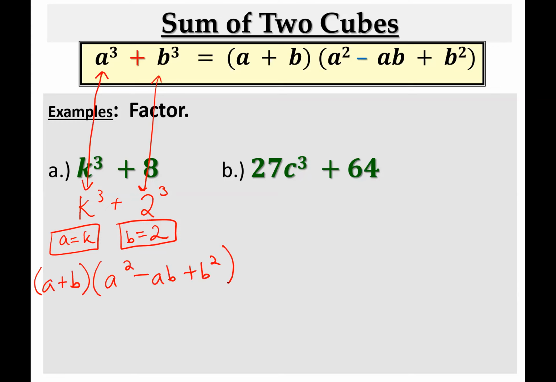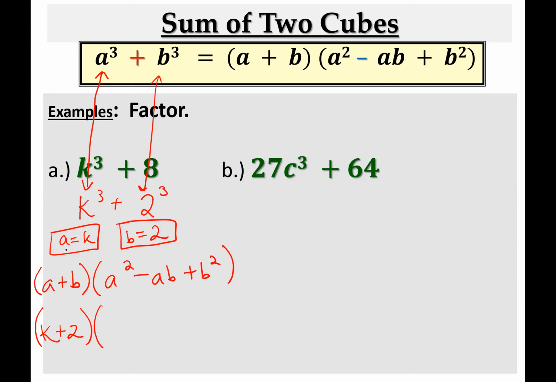I'm just copying the formula down right now. Now I'm going to replace a with k plus, I'll replace b with 2. So the first part of my answer is k plus 2 in parentheses. Next, I will have this longer trinomial in parentheses.